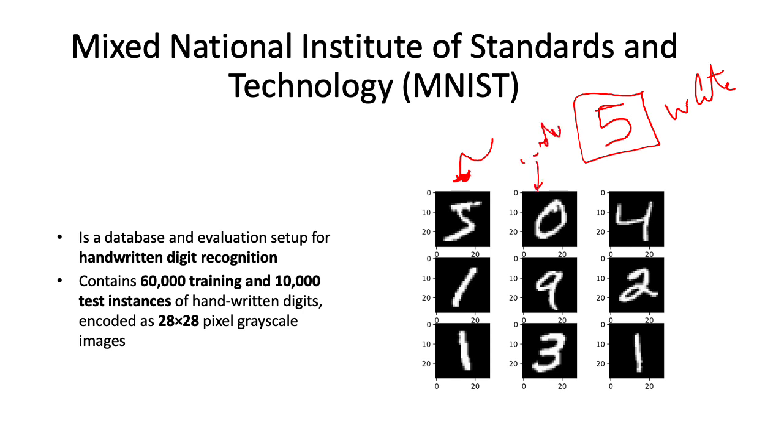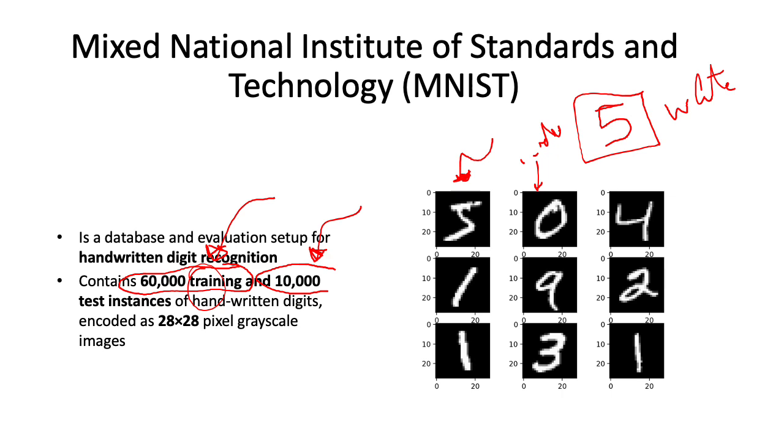The data set consisted of 60,000 images for training and 10,000 images for testing, and all the contestants should train their models on this training data. When they evaluate their model and have a satisfying result on the validation set that they can create out of this, they go ahead and test it on the 10,000 testing instances and report results.